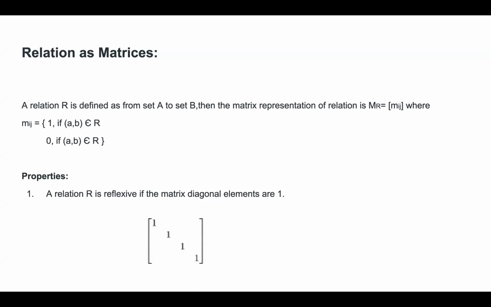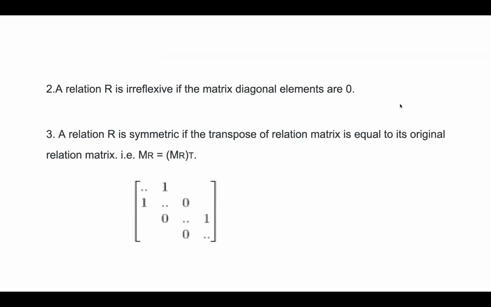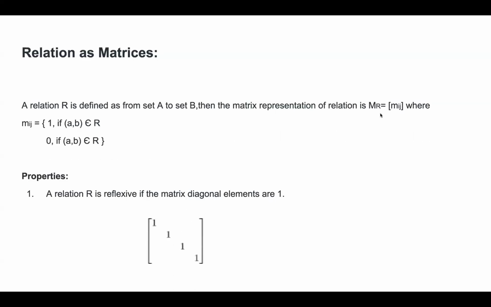Here, M stands for matrix, R stands for relation. MR means relation matrix, which is the set of MIJ.